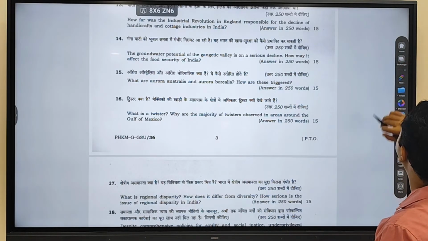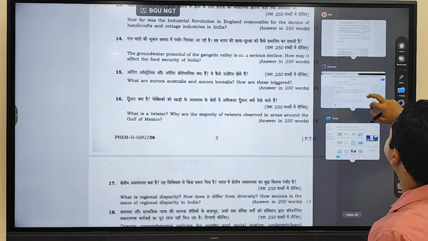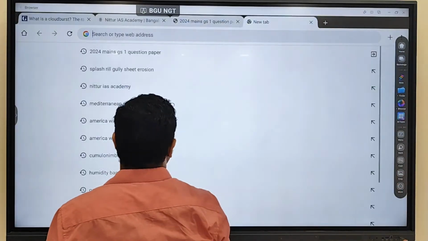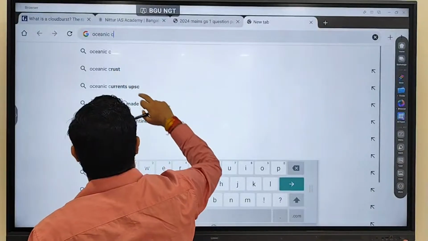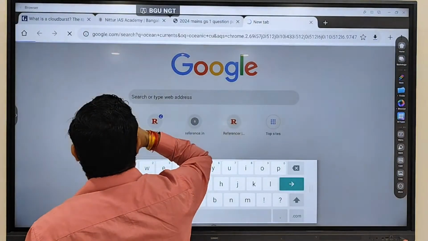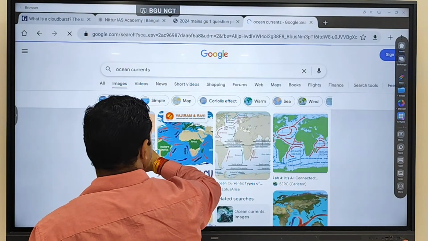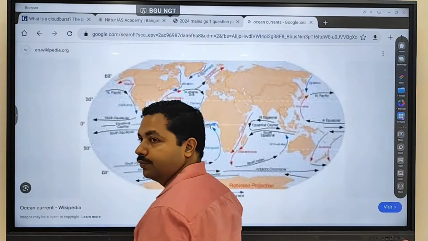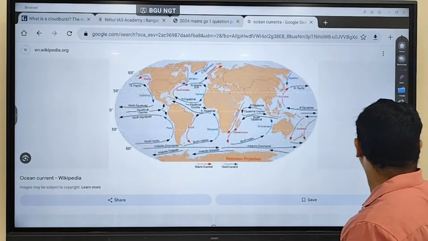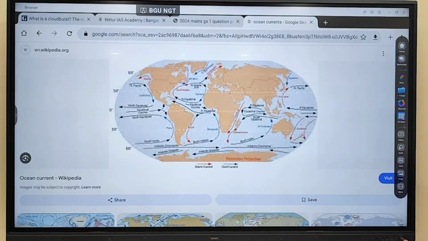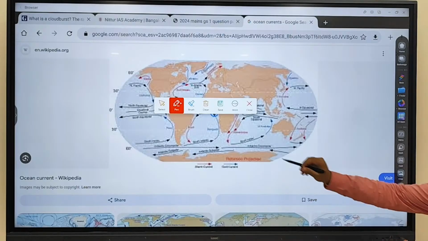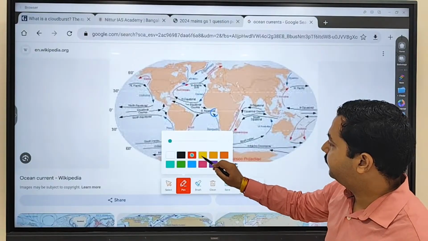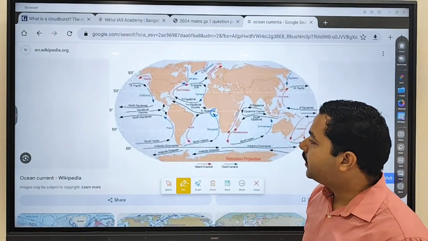So here I'll just show you one oceanic current diagram.